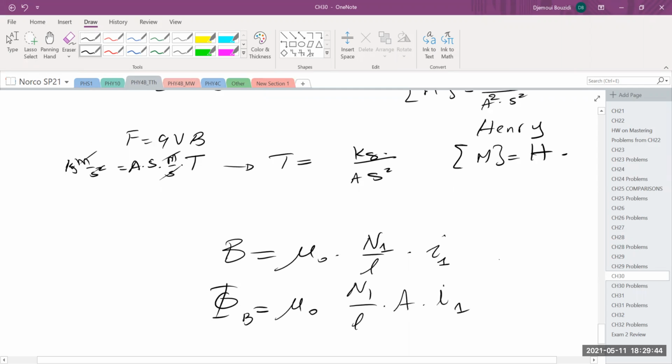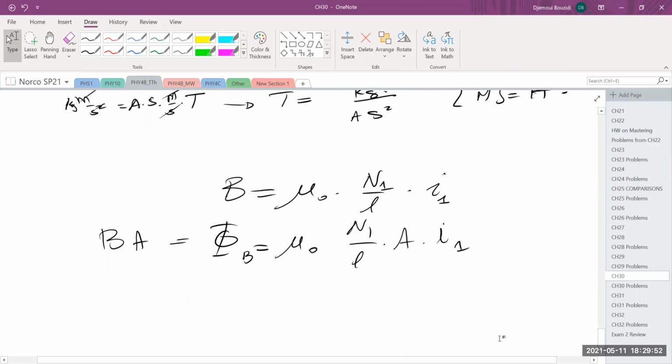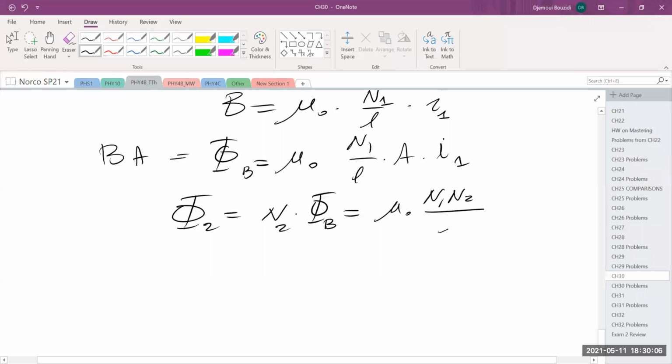It's basically the magnetic field times A, BA. Now this is a joining flux, but I need to find the actual flux in the secondary, which is phi2, which is just N2 times phi B. So it's going to be just mu naught times N1 times N2 divided by L times A times I1. So that is actually the flux.